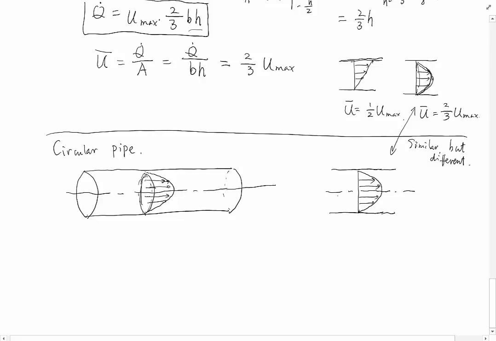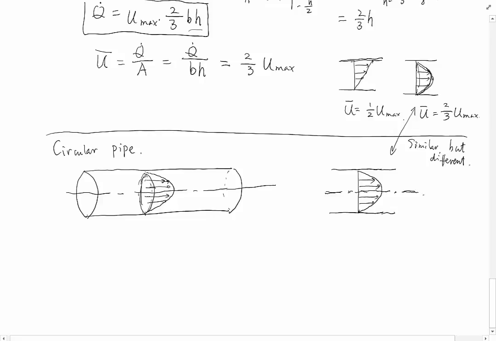First of all, for a circular pipe, we usually draw long and short dashed lines to indicate the axial symmetric configuration. But for the parallel plate, we don't have that. And secondly, the average velocity is going to be different.